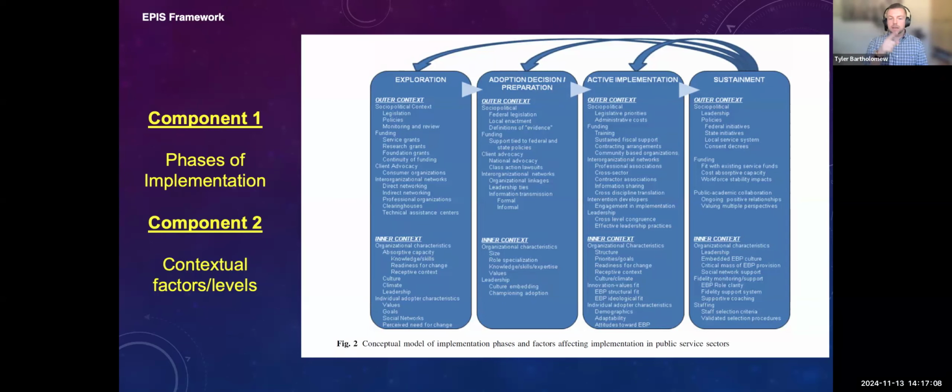So component one, the implementation phases. The very first phase of EPIS is called exploration. In the exploration phase, a service system, an organization, a community partner, a county, a state, whatever entity you want to operationalize this as, or other stakeholders, consider an emerging or existing health need in patients, clients, or communities.